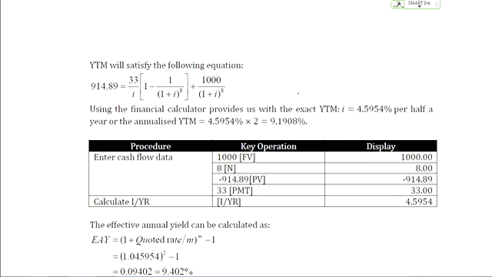So can I give you 15 seconds? Can you try to see whether you can get the discount rate of 4.59? Just quickly do that. Okay.